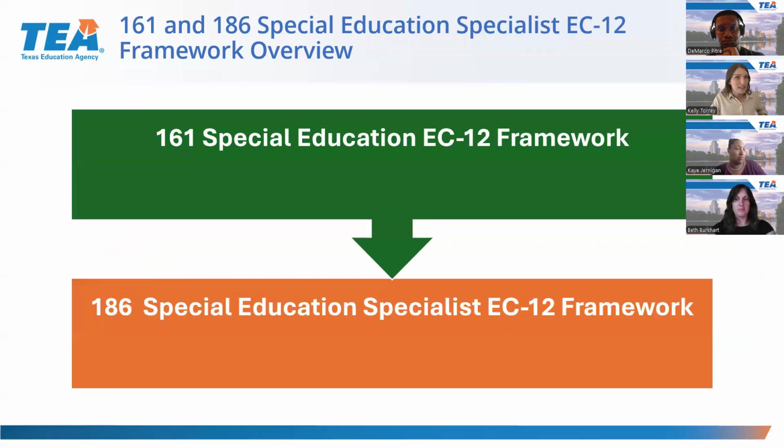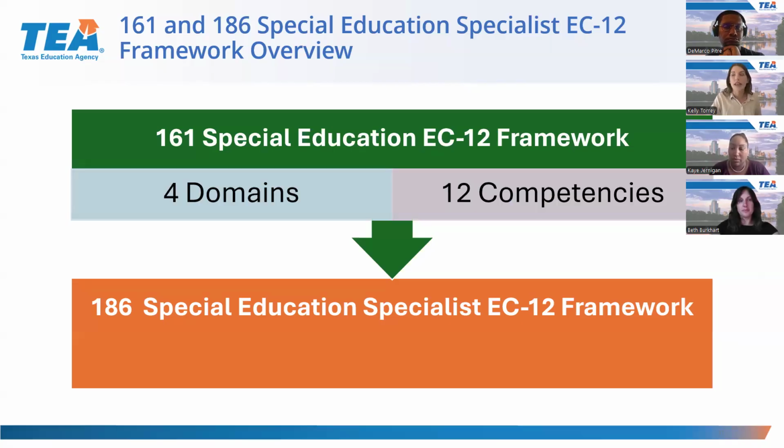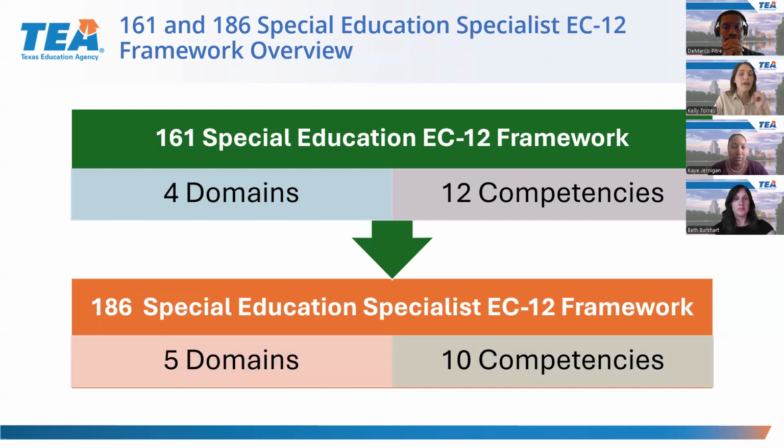At a glance, that 161 special education EC-12 framework was made up of 4 domains and 12 competencies. As we're looking at the new 186 special education specialist framework, that is made up of 5 domains and 10 competencies.